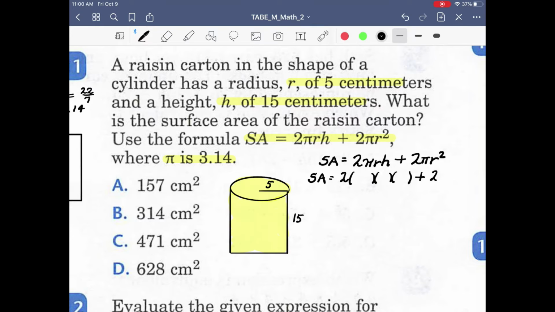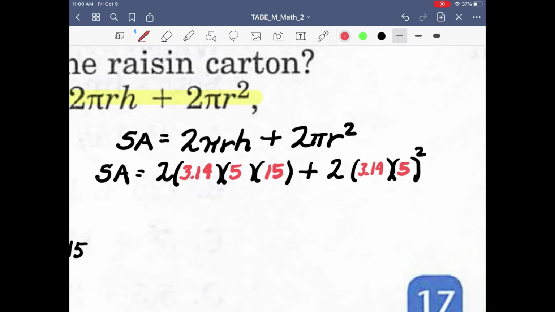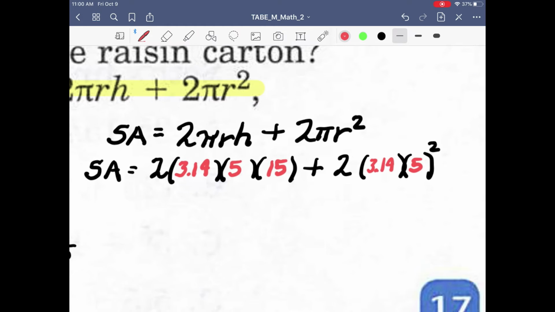And in this one, I'm going to leave a pocket for pi and a pocket for r. And then we just need to go through and fill those in. Pi is 3.14. Radius is 5 and height is 15. Pi is 3.14 and radius is 5. So I have substituted the values in there.